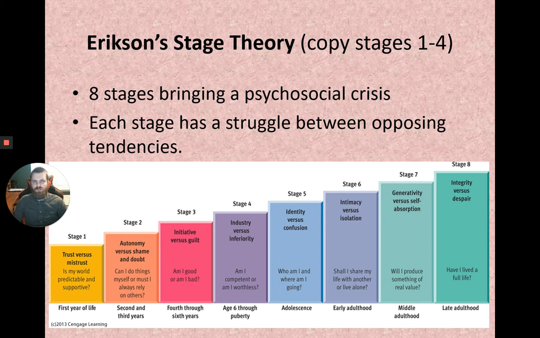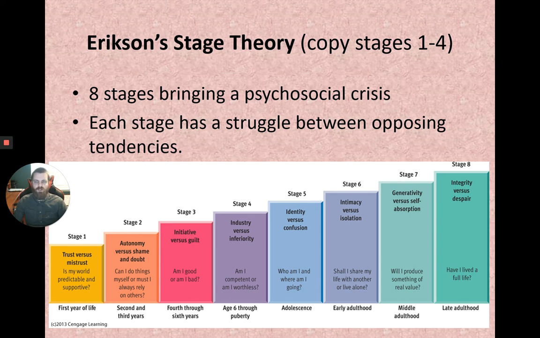There's a lot of things that contribute to your identity, and you'll kind of think about that and reflect on that in an assignment. But initially what Erikson is saying is that there are 8 major psychosocial crises that we have to overcome because each stage has a struggle, and we have to then decide on an outcome as we move to the next stage.